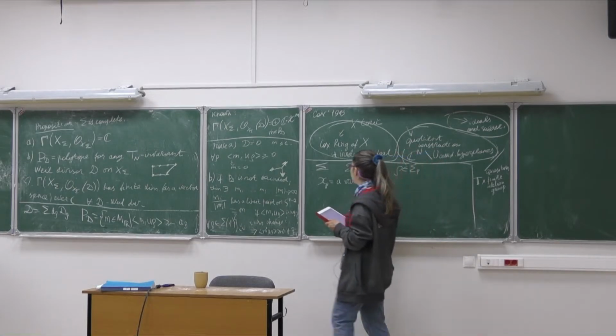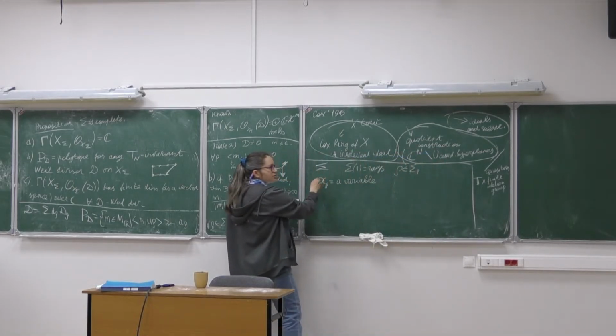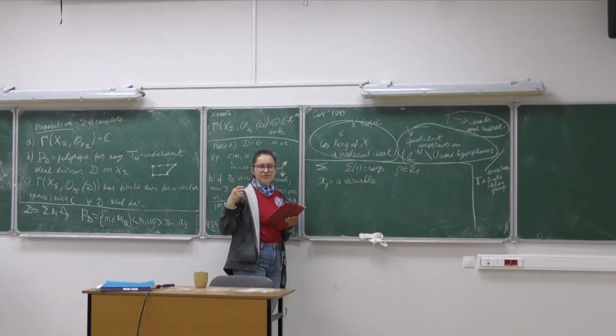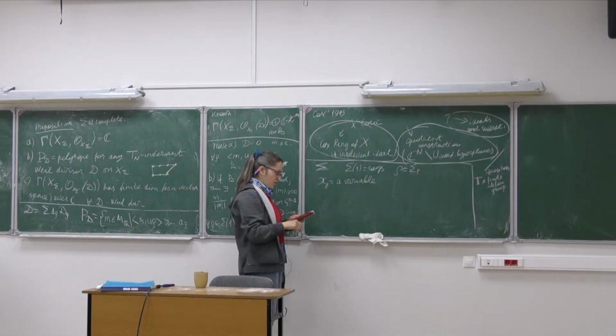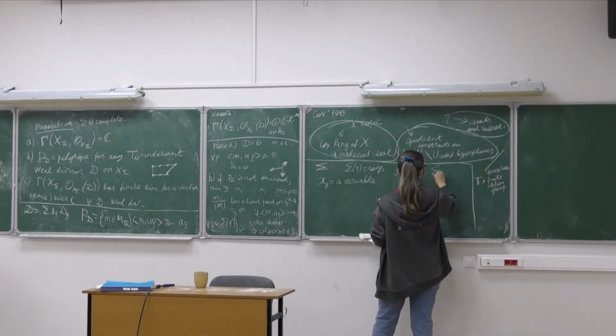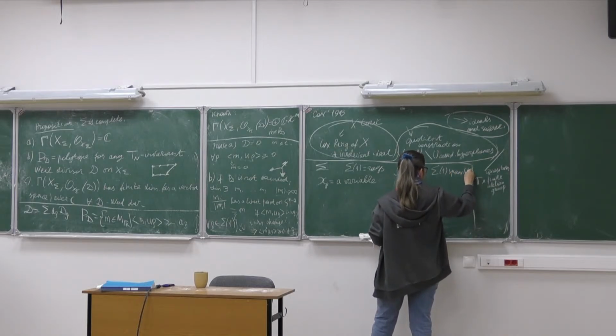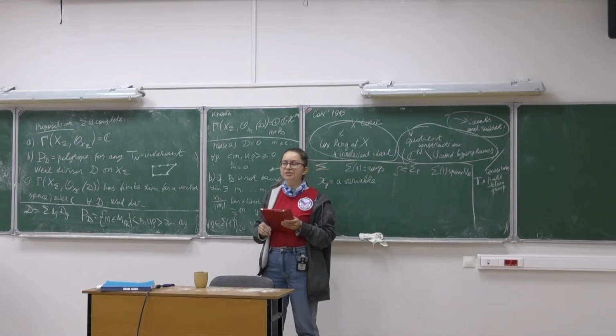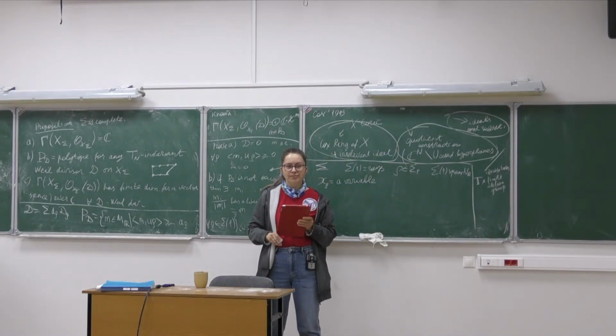So first of all, what is the Cox ring? We have a variable x_ρ for each ray. I assume that σ(1) spans N_R. It means that our toric variety has no torus factors.